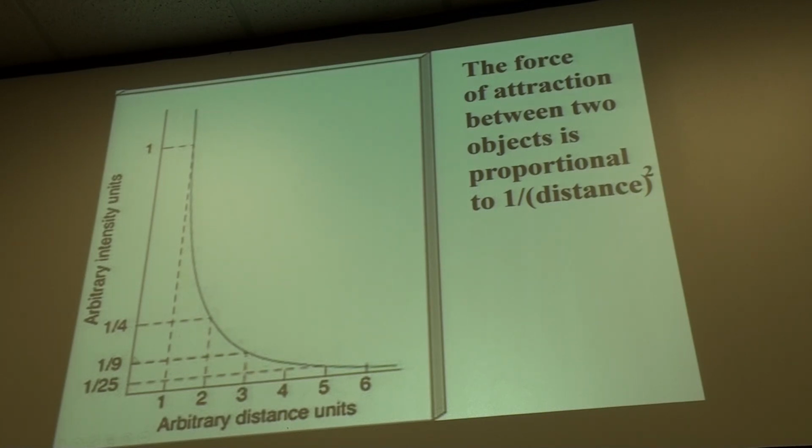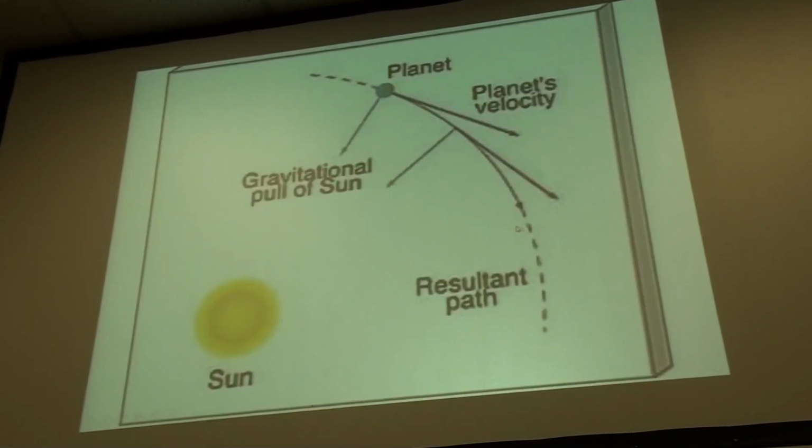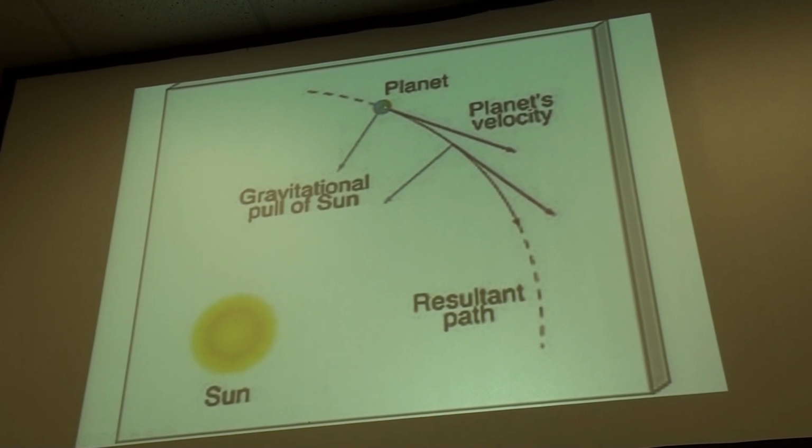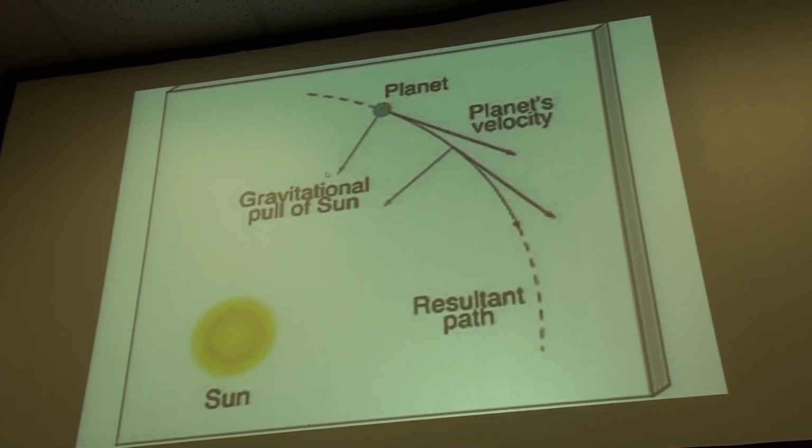Triple the distance, 1/9 the force. 5 times the distance, only 1/25 of the force. And so here we've got a planet being pulled toward the sun by the gravitational force. And that will change the planet's direction. And so therefore it becomes a centripetal force.